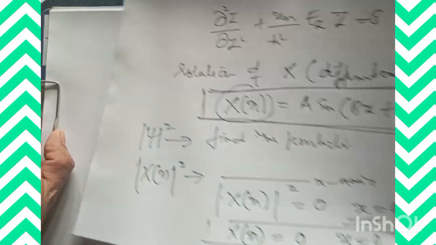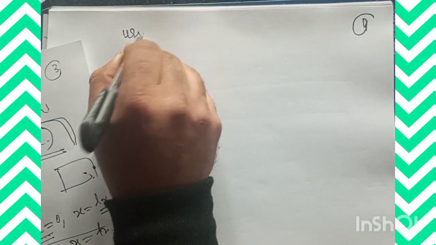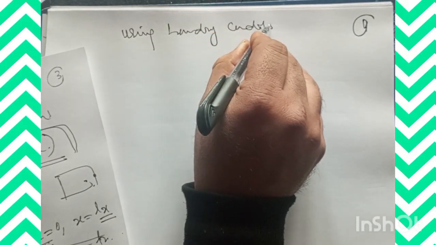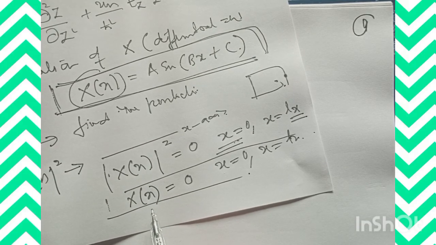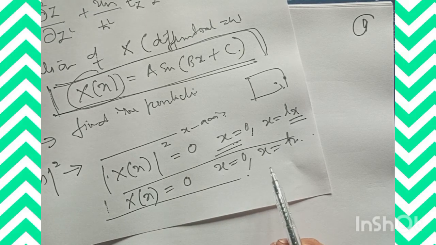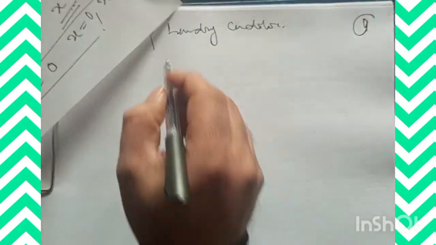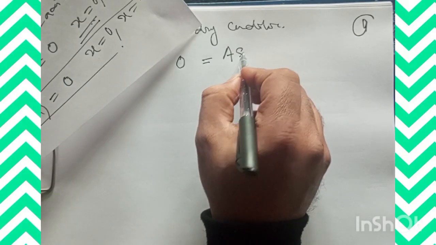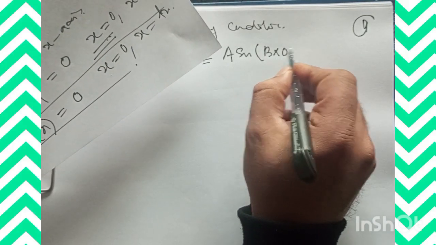So when we use the boundary conditions, which are clearly defined here, X of x is equal to 0 at x equal to 0, and X of x is equal to 0 at x equal to Lx. In that case, I will have 0 is equal to a sine of (b times 0 plus c).